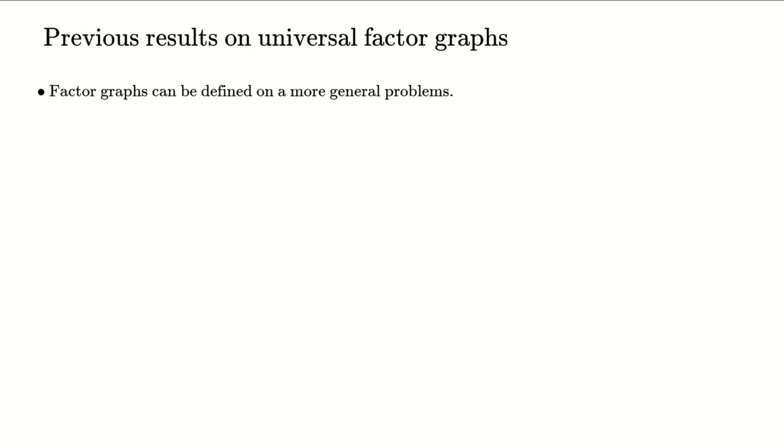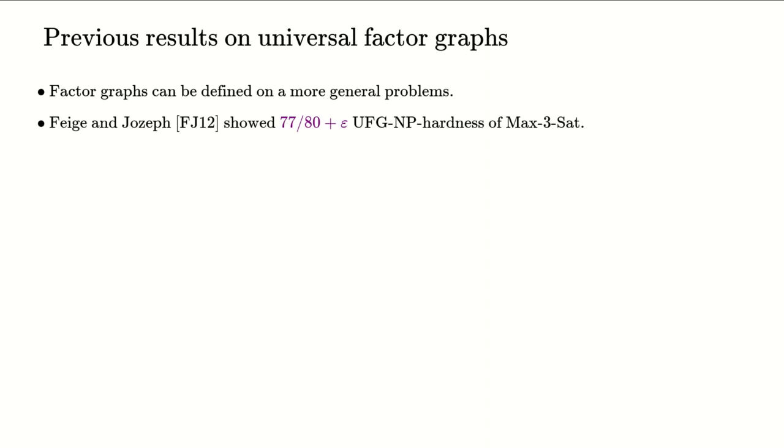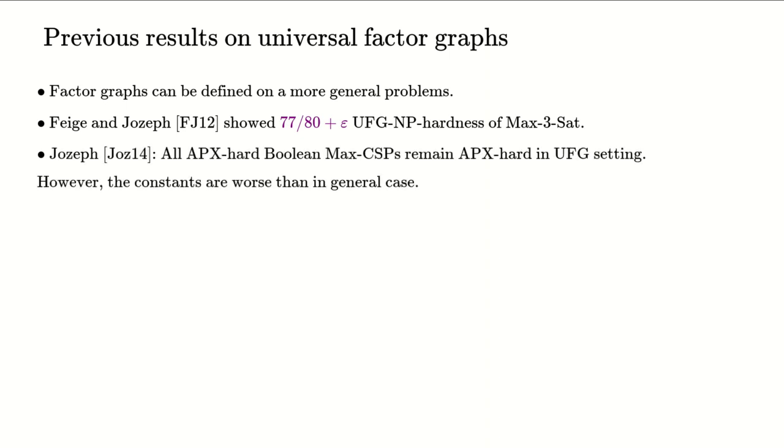As we have mentioned, factor graphs can be defined on more general problems, and Feige and Jozeph consider Max-3-Sat for which they gave 77 divided by 80 plus epsilon universal factor graph hardness. Jozeph furthermore showed that all APX-hard Boolean Max-CSPs remain APX-hard in the universal factor graph setting, although with worse constants compared to the general case.